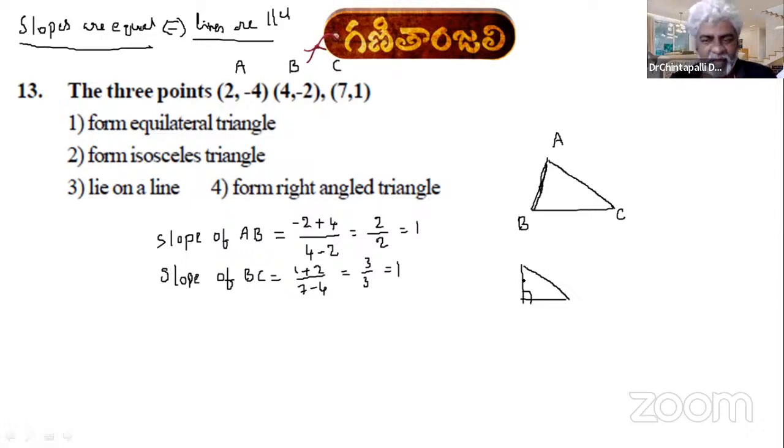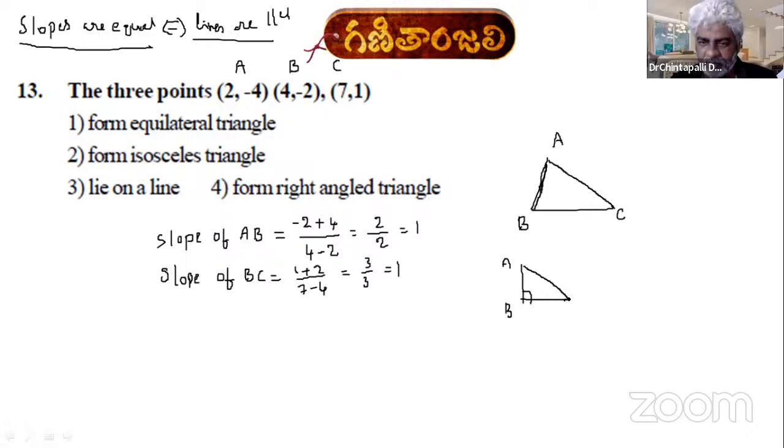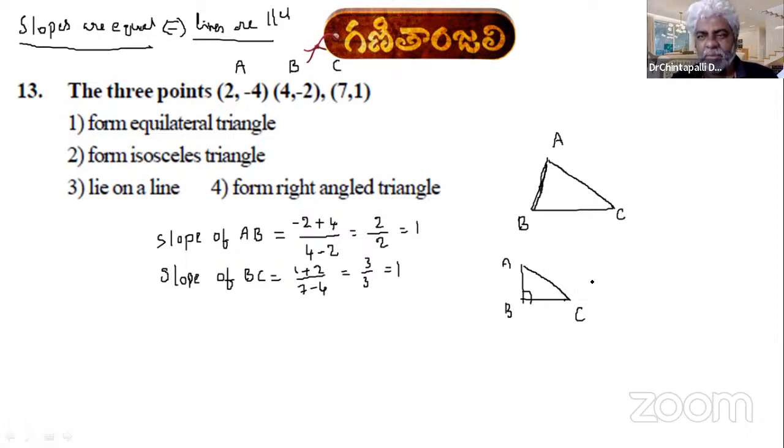Triangles may have perpendicular sides, and those triangles are called right angle triangles. Of course, not all triangles, but some triangles have perpendicular sides. That means the angle between them is 90 degrees.